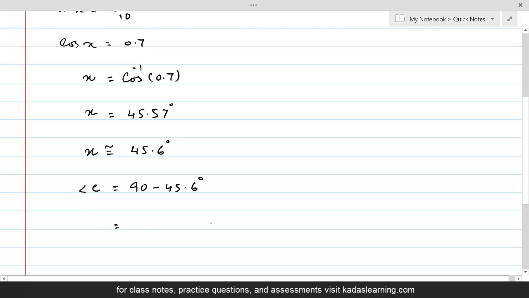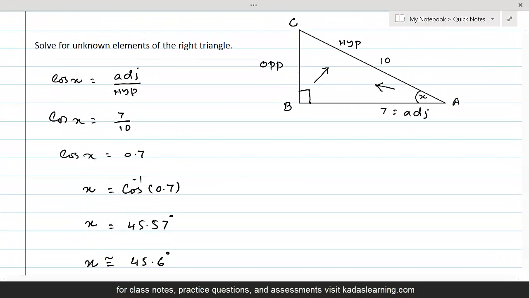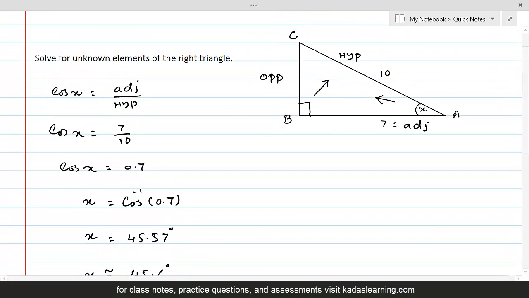This angle will become 44.4 degrees. So now all the three angles in the triangle are known, and the only side which is unknown is the side BC.